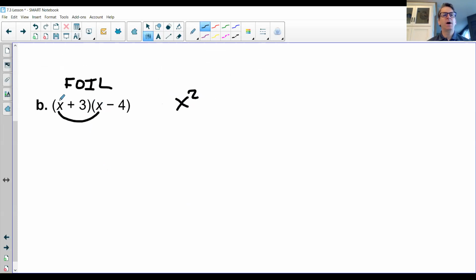Outer, the outer terms would be x and -4, or -4x. I, or inner, 3 times x. L, or last, 3 times the -4, which is -12.